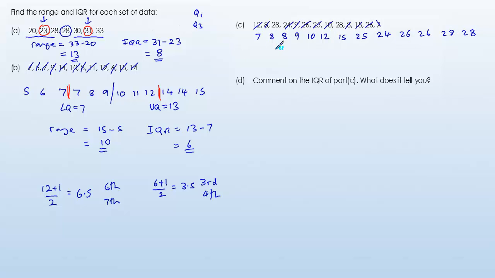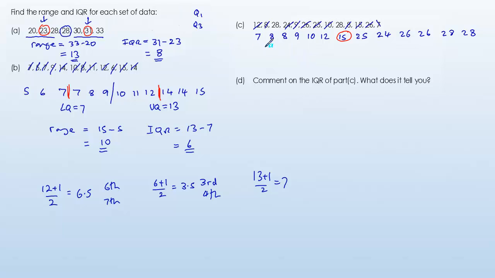Let's count them. 1, 2, 3, 4, 5, 6, 7, 8, 9, 10, 11, 12, 13. And originally we had 13 as well. So that's good. So 13 add 1 divided by 2 is 7. The seventh piece of data, 1, 2, 3, 4, 5, 6, 7. That is our median.